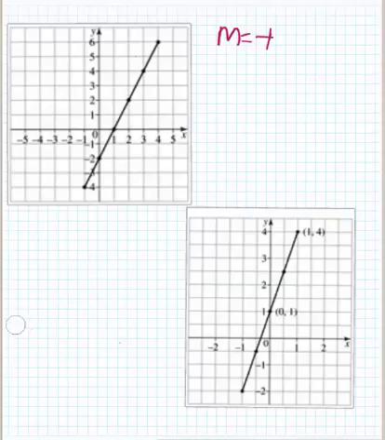Now to do this, you pick any 2 points you want. The points you pick should be points that are clearly visible, so don't try to use 0.2 or 0.5 and things like that if they're not clearly given to you. Hopefully this isn't too blurry. We can see there are points on this line indicating some accurate points.